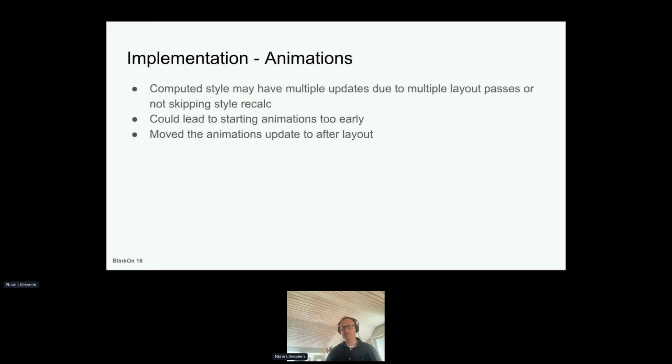And also starting animations too early. We moved the animations update to after layout to make sure that we were totally finished with the style update before triggering the animations, like transitions and animations.